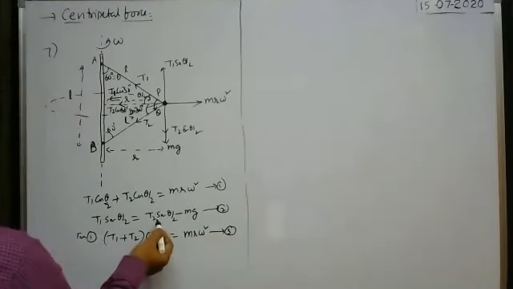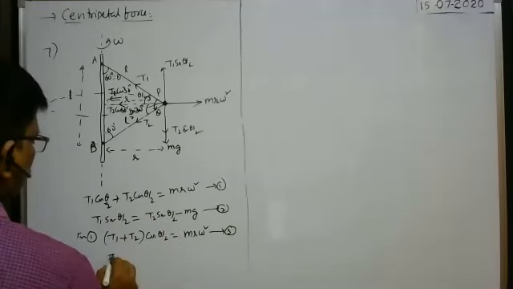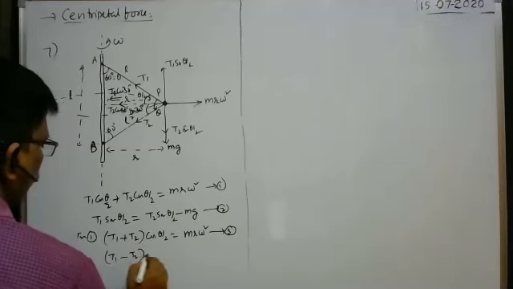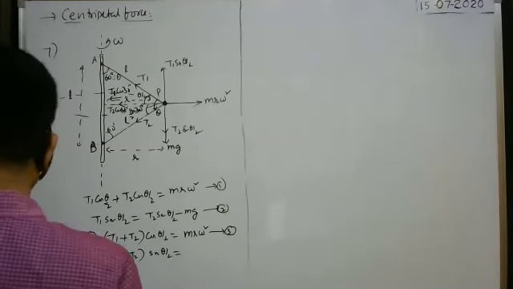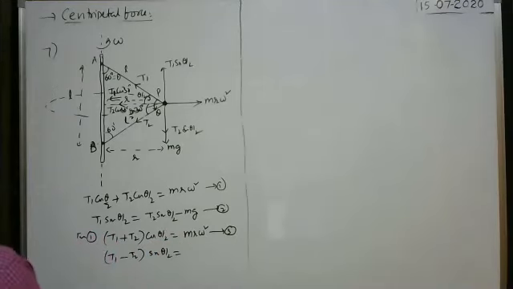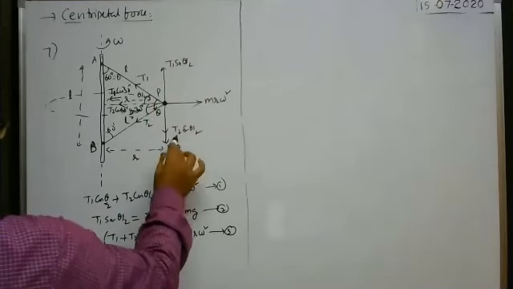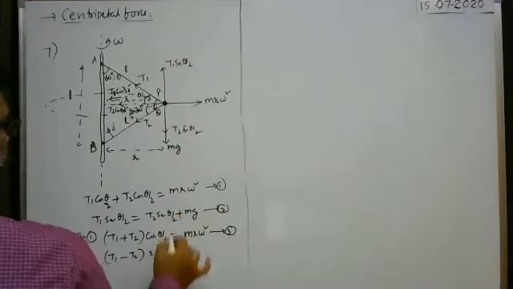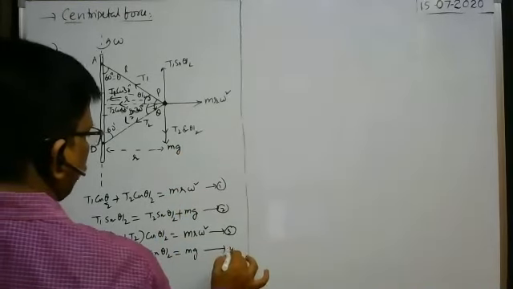From the second equation, bring T2 sin theta by 2 to the left and take sin theta by 2 common. T1 sin theta by 2 is equal to T2 sin theta by 2 plus mg. So you will get mg. This is equation 4.